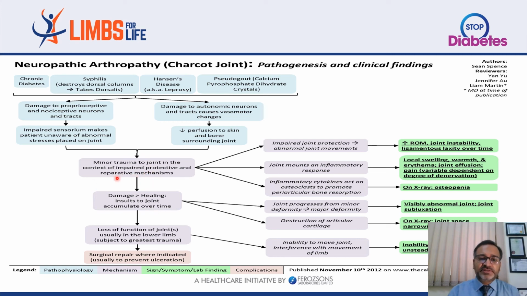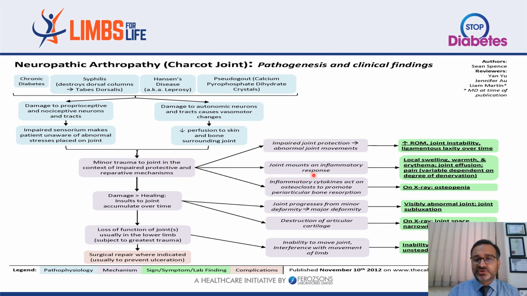In that stage, this will lead to impaired joint protection and abnormal joint movement. So the patient presents with increased range of movement of the joints, an unstable joint, and ligamentous laxity over time, as the ligaments become lax. This is how the patient will present initially.